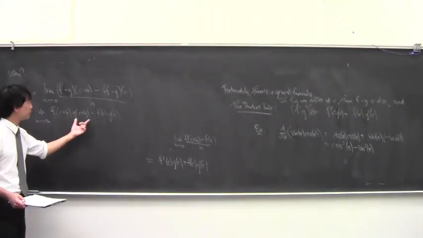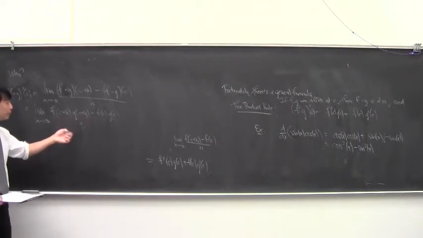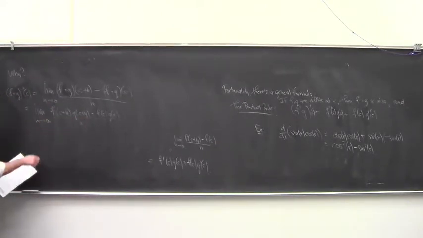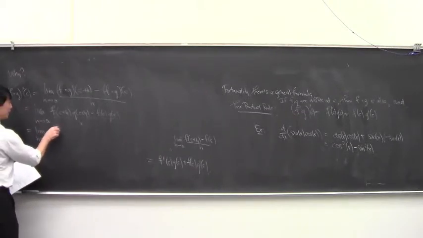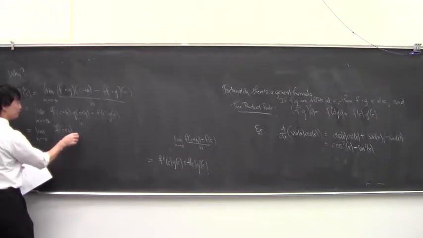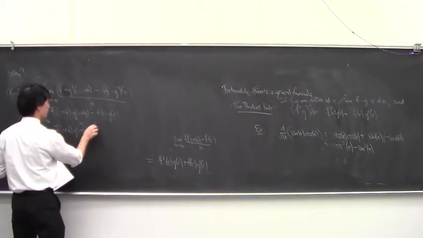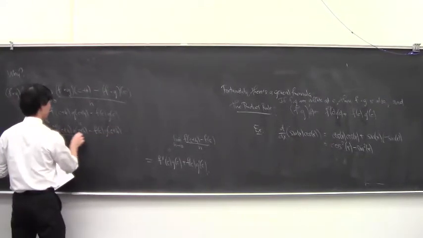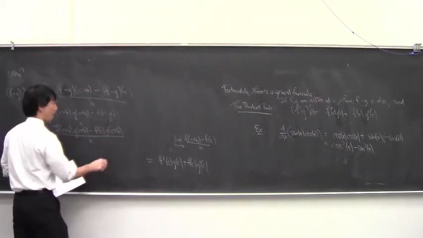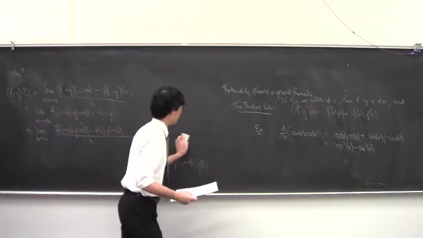We can't really factor such a thing out, right? So we're going to do something funny, which is we're going to put it in there. We would like it to be in there, so we're just going to put it in there: f of c plus h, g of c plus h, minus f of c, g of c plus h, everything over h. You're going to say, how can you just do that?